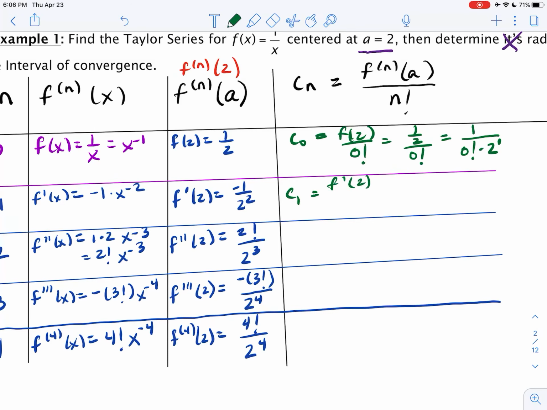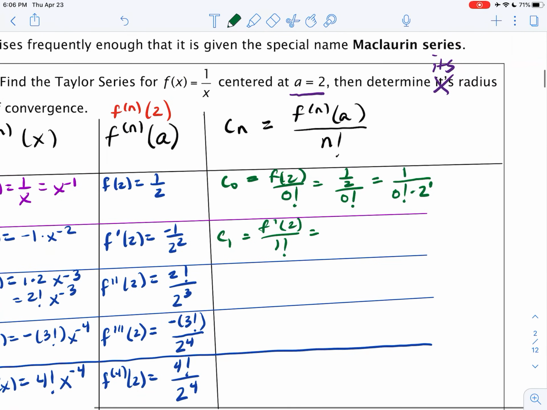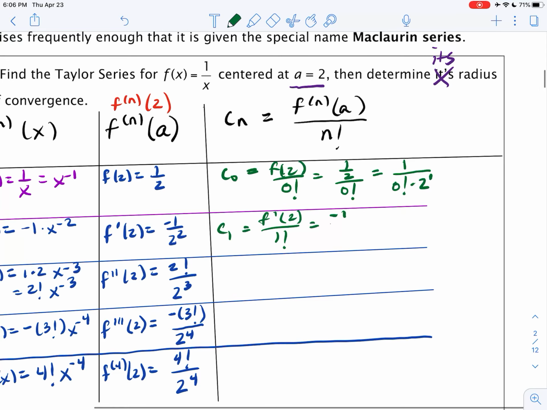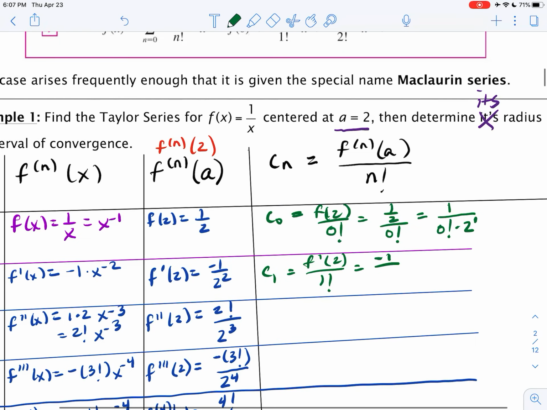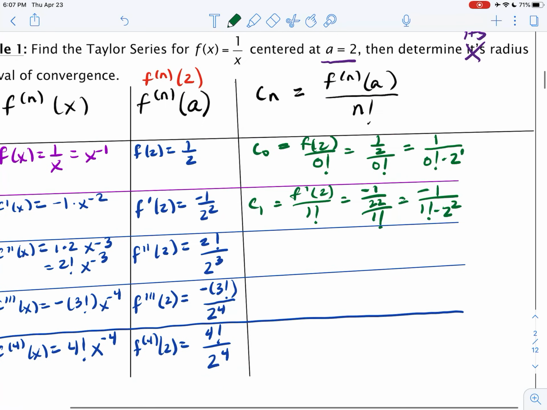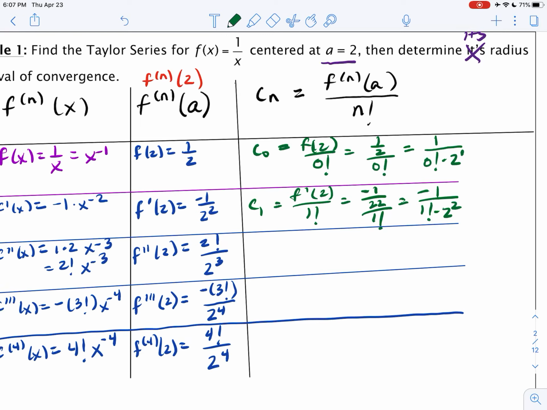C sub 1 is going to be the f prime evaluated at 2 over 1 factorial. And I have that this is going to be minus 1 over 2 squared divided by 1 factorial, which is minus 1 over 1 factorial times 2 squared.